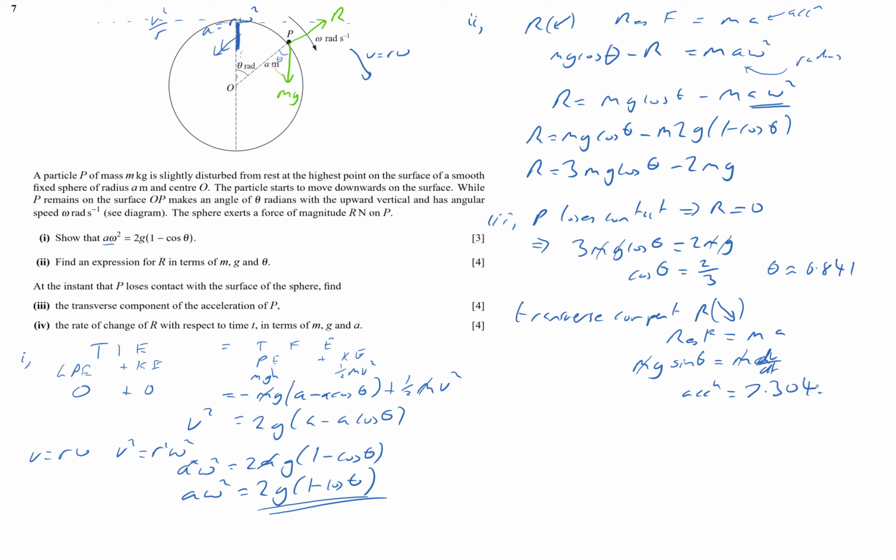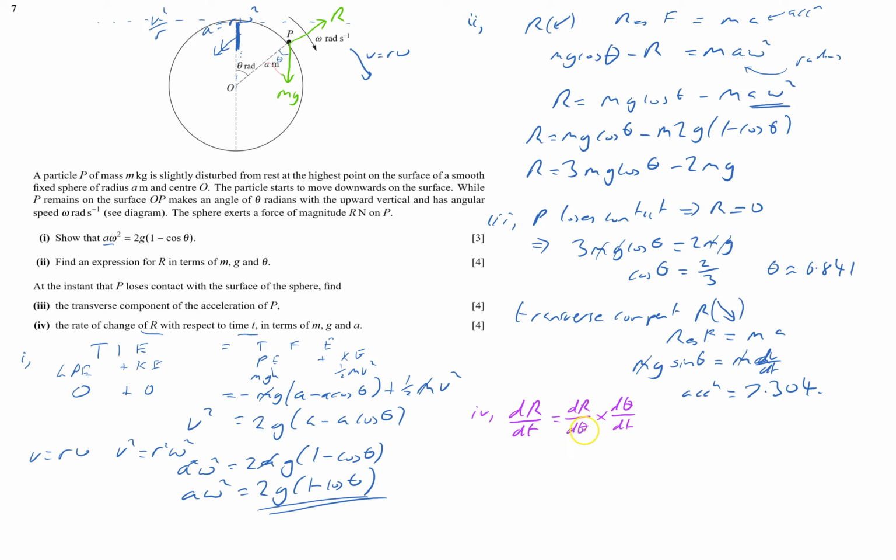And then part 4, the rate of change of R with respect to t. I'll do it in purple. So for part 4, we need to have dR by dt. To do this, we're going to have to use the chain rule. I set it up like that, dR by dt, and obviously these are going to be thetas.